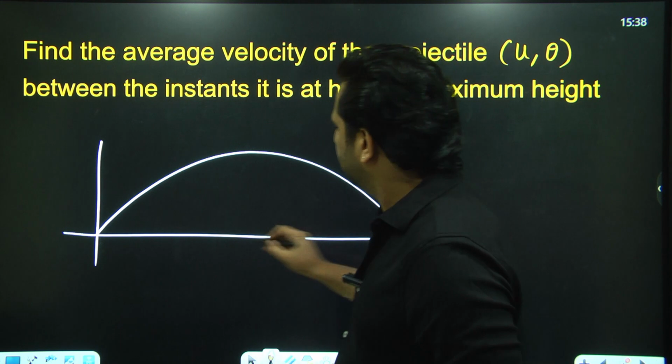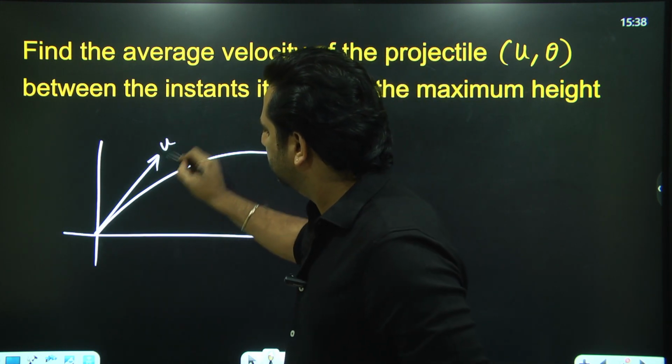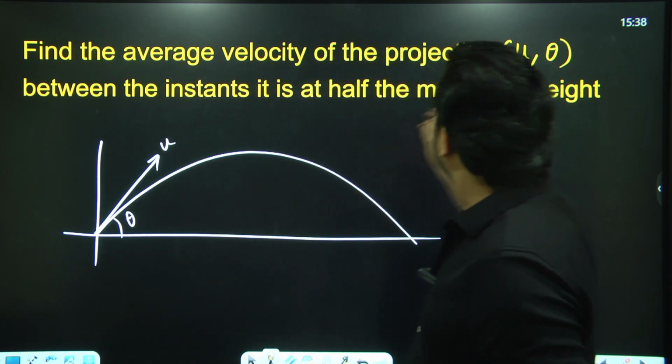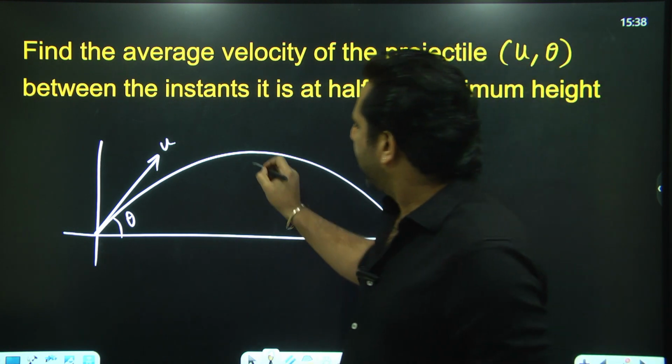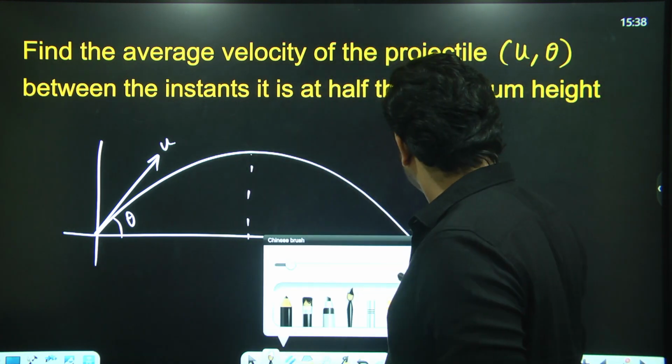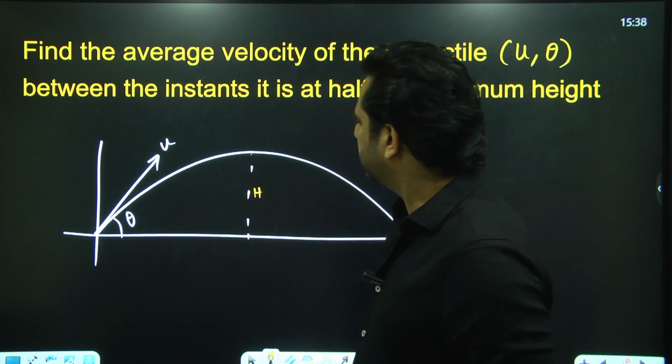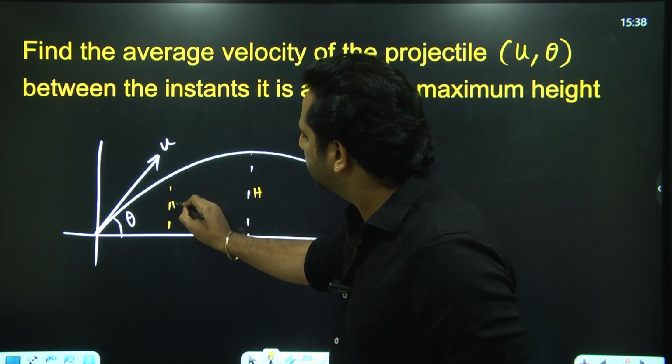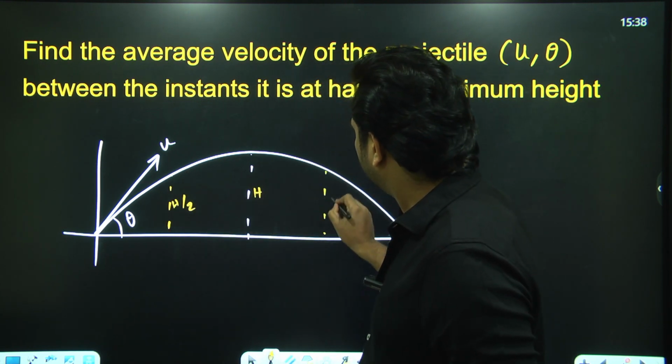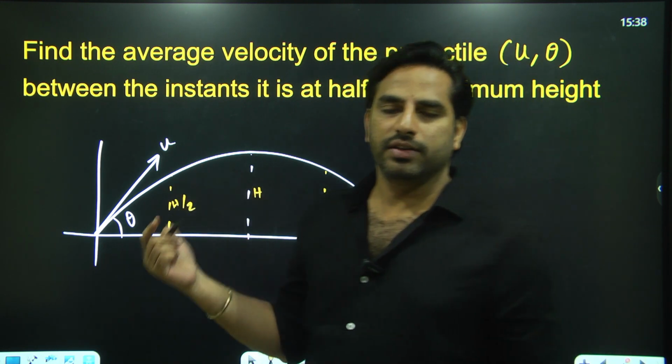This is the projectile, initial velocity u, angle of projection is theta, the maximum height is this. The question is, this is the maximum height h. It is at half the maximum height at 2 instants of time, obviously, while ascending and while descending.